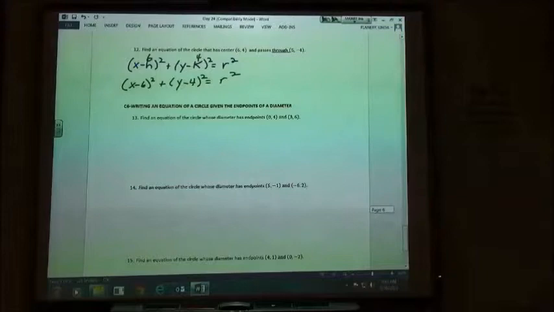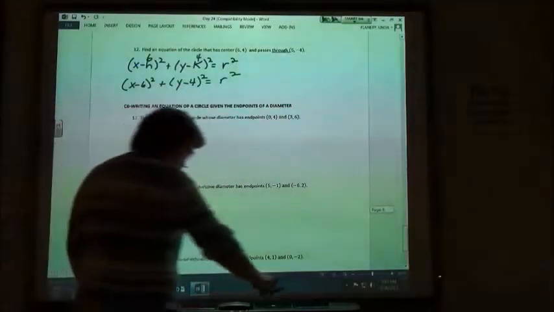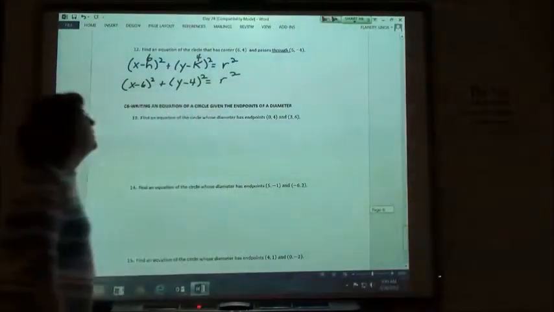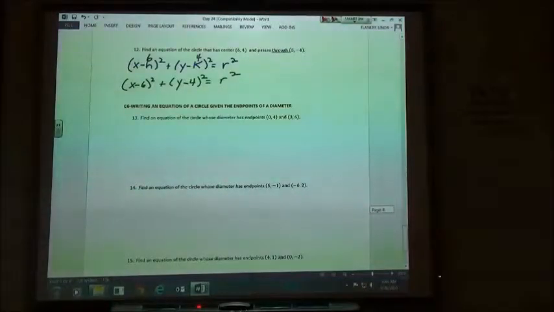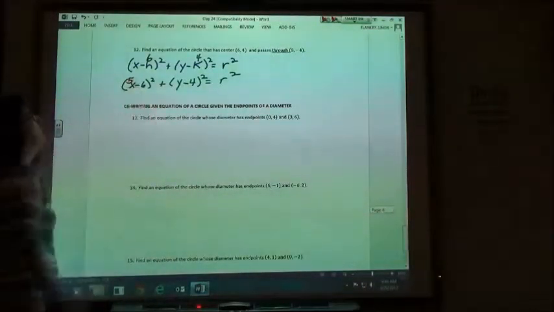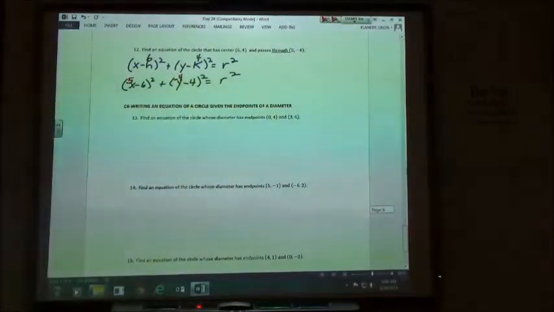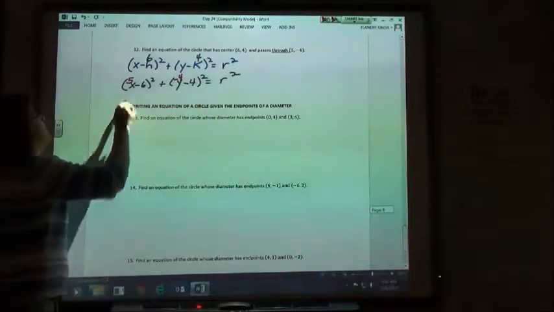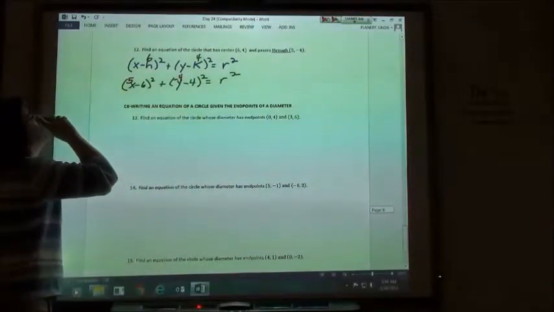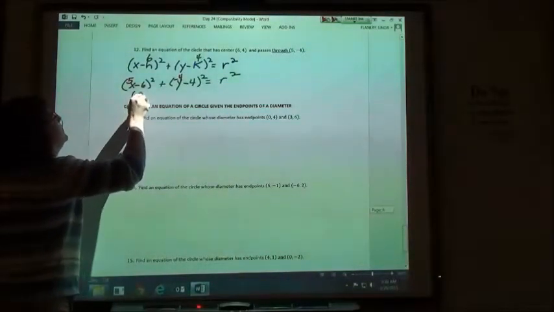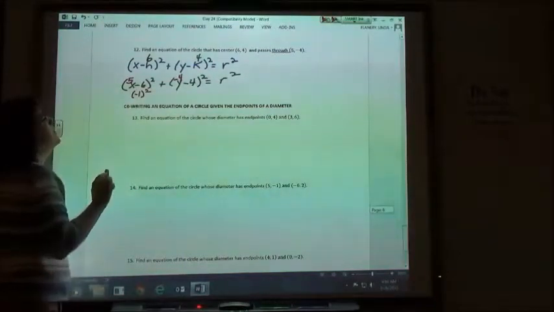To find our r squared, we're going to put in 5 for the x and negative 4 for the y. So we get (5 minus 6) squared, which is negative 1 squared, and negative 1 squared is 1.